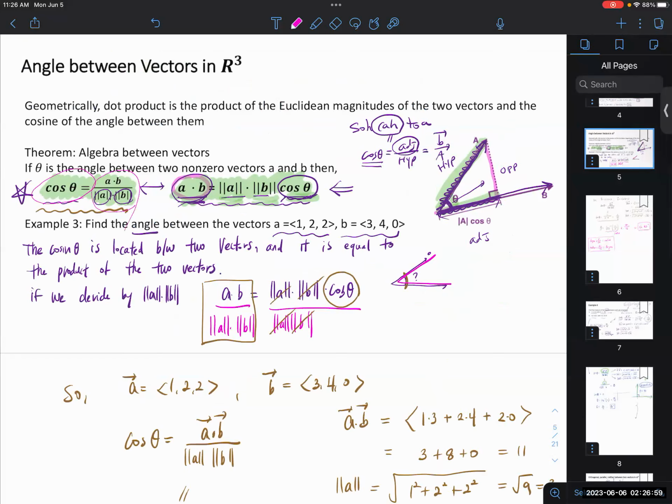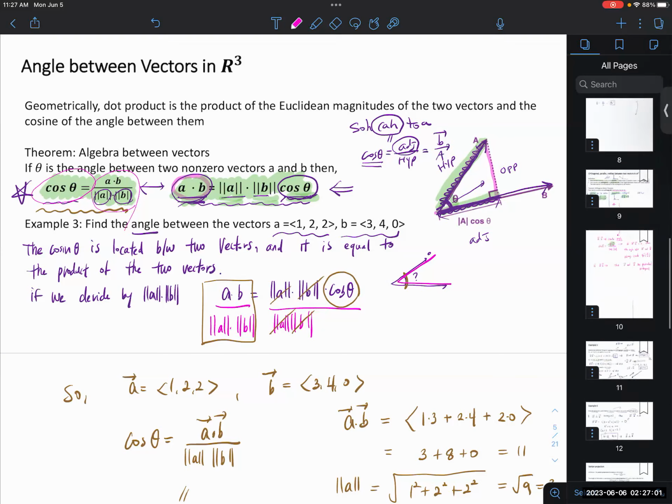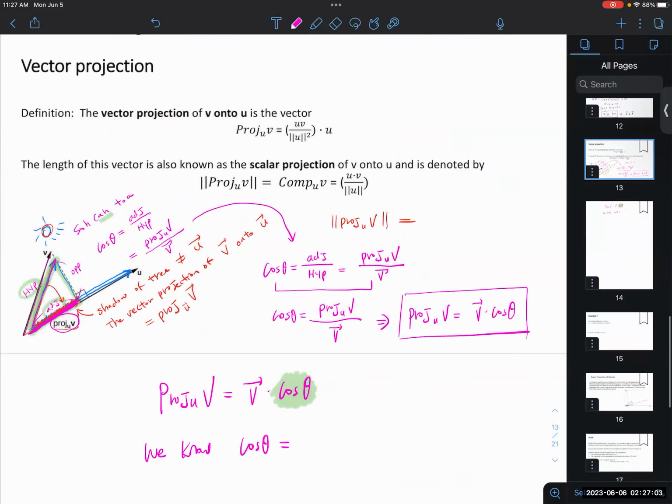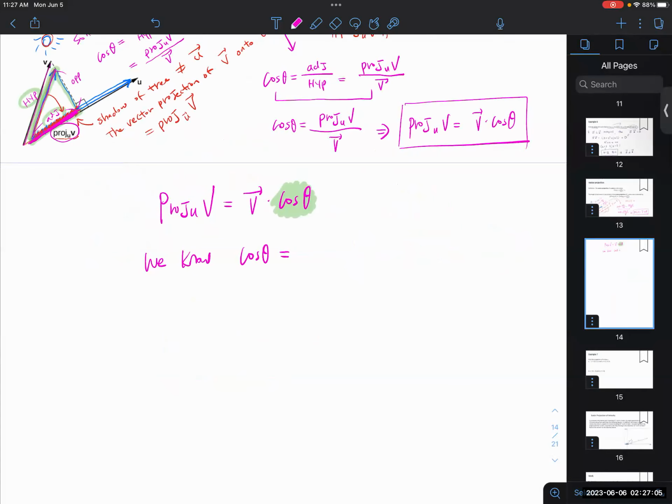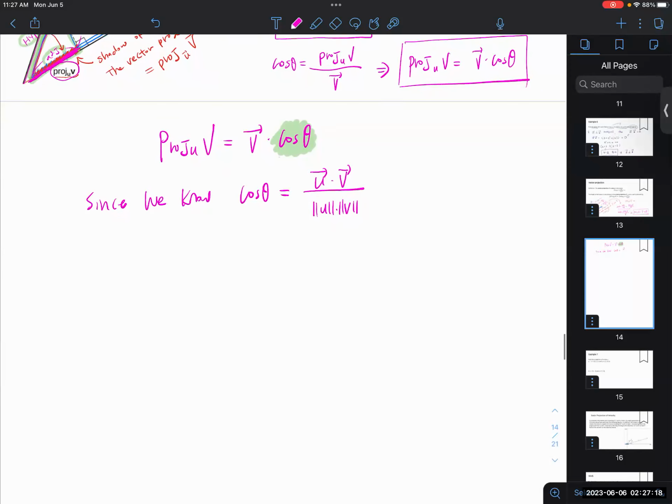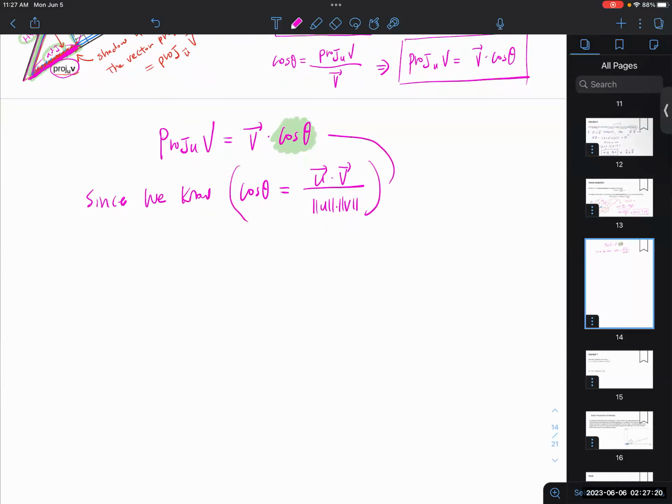Cosine theta is the dot product of the two vectors divided by each magnitude. So we're going to use that one. Cosine theta, since we know, is the dot product of the two vectors, in this case u and v, over the product of each magnitude. Let me plug this into the cosine.